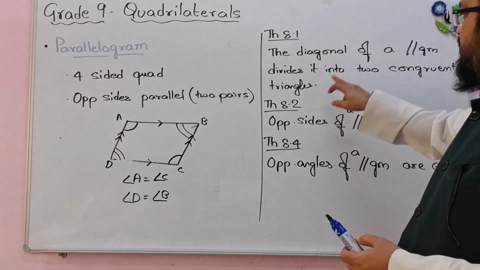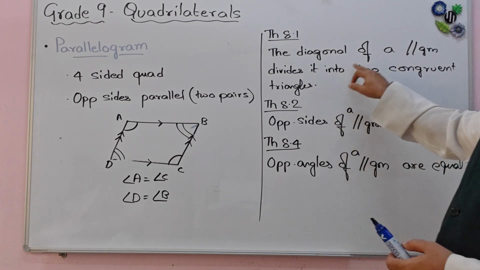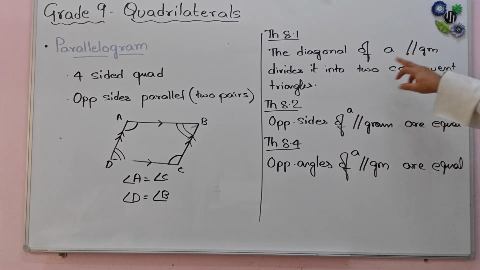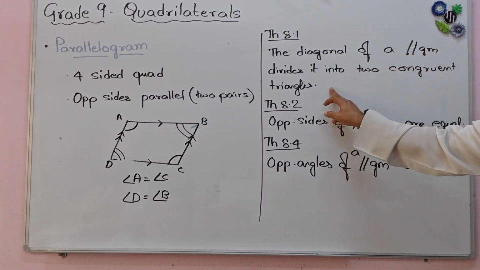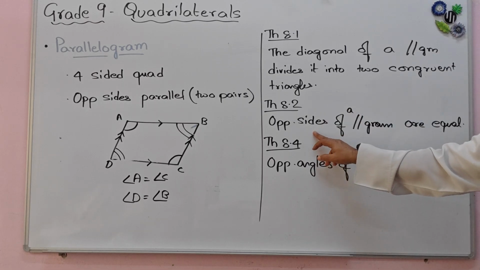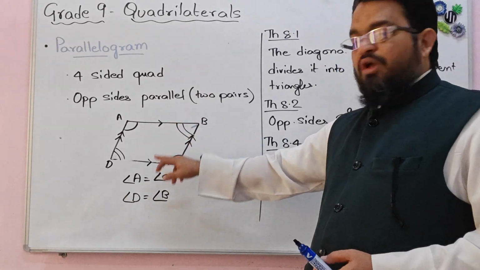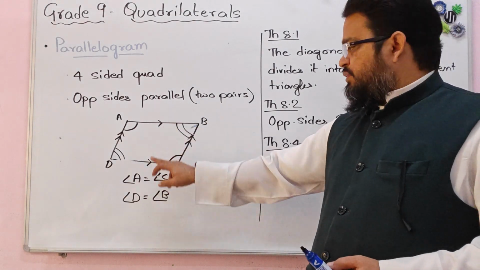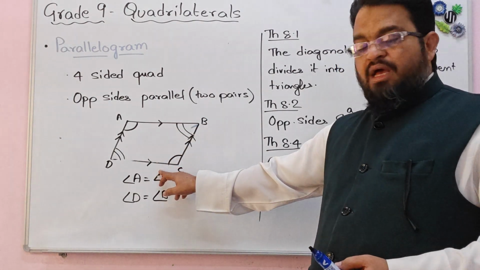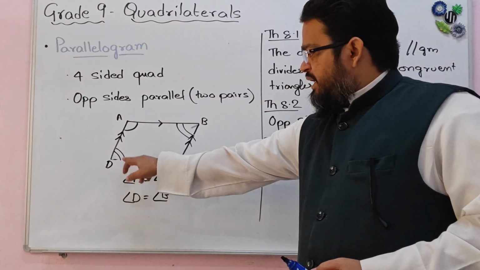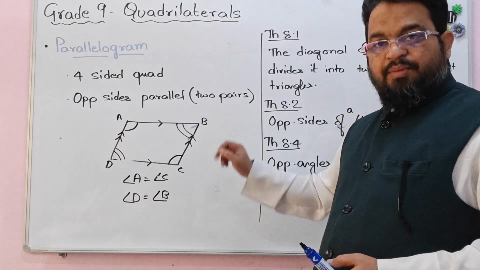So the first property is the diagonal of a parallelogram divides it into two congruent triangles, and 8.2, opposite sides of a parallelogram are equal. So that means opposite sides are equal. AB is equal to CD and in the same way AD is equal to CB.